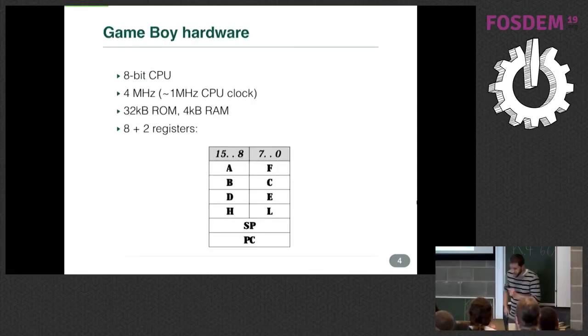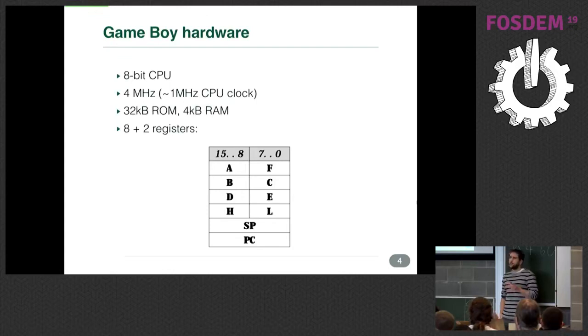Okay, so let's talk a little bit about the Game Boy architecture. The CPU is a mix between the 8080 and the Z80 CPUs, but it's custom. The internal clock runs at 4 MHz, but every instruction is actually a multiple of 4 cycles. So in practice, the CPU is like 1 MHz. There are 32 kilobytes of addressable ROM memory, but only 4 kilobytes are working memory that you can actually use.